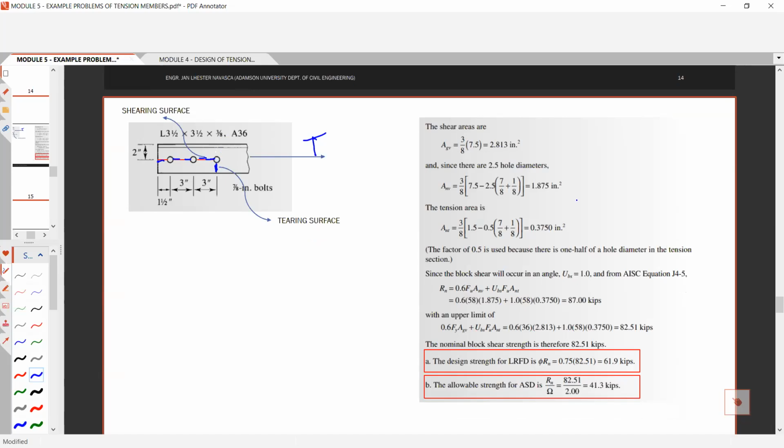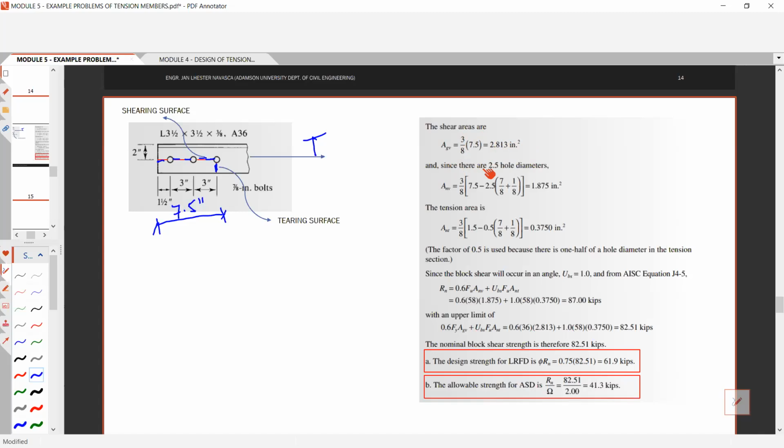Therefore, you have the shear areas. The gross shear area, which is AGV, has a length of 7.5, and the thickness of your angle is 3/8 inches. So your AGV is 2.813 square inches.